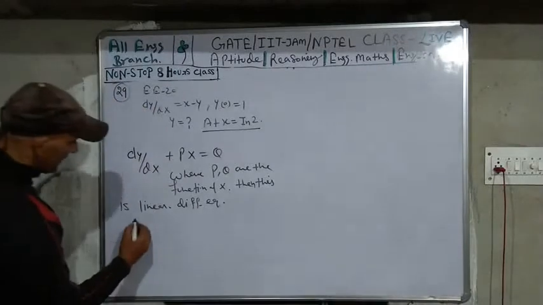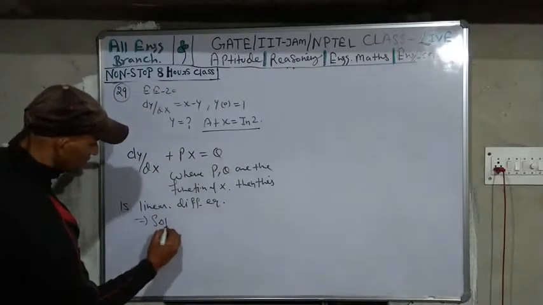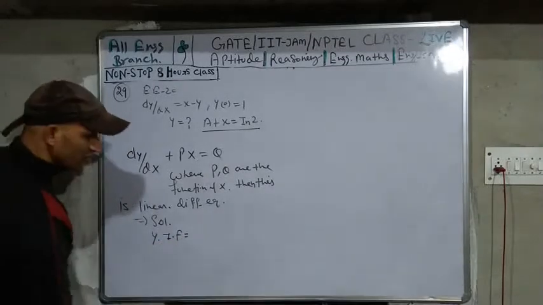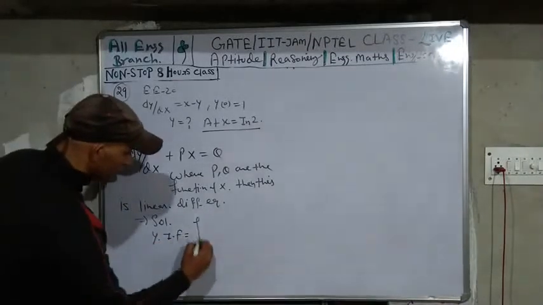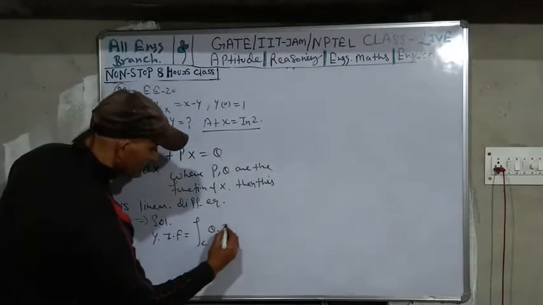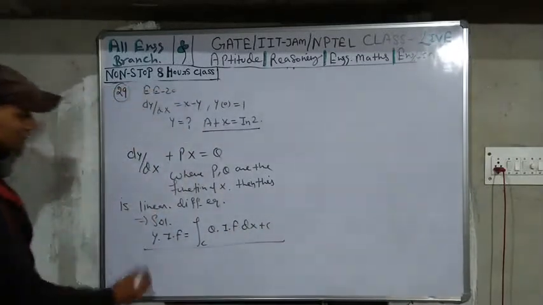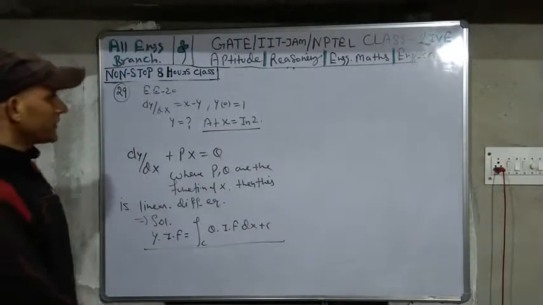So the solution is y times the integrating factor equals the integral of Q times the integrating factor dx, plus c. What is the integrating factor? I will explain. This is your solution.